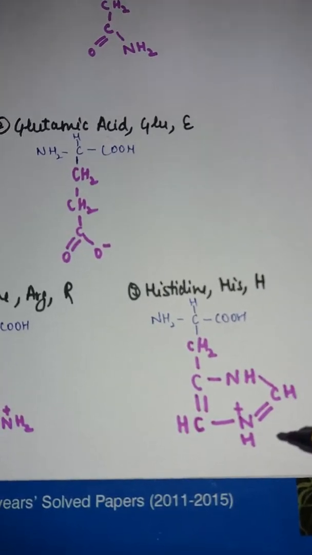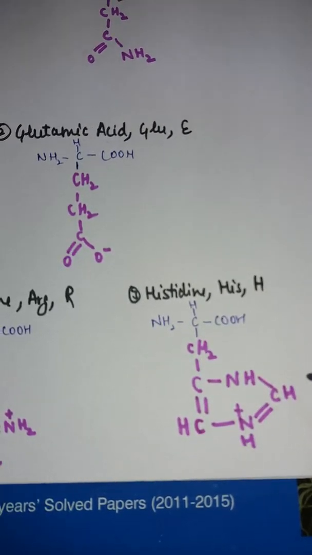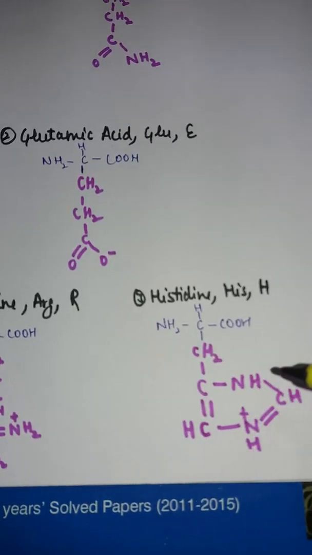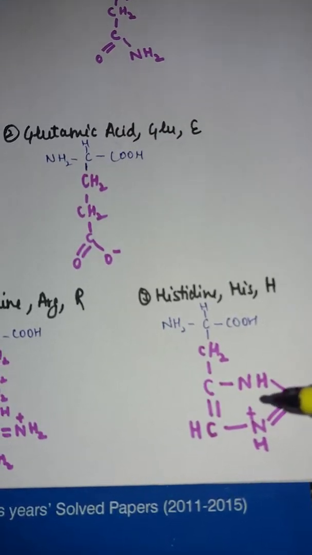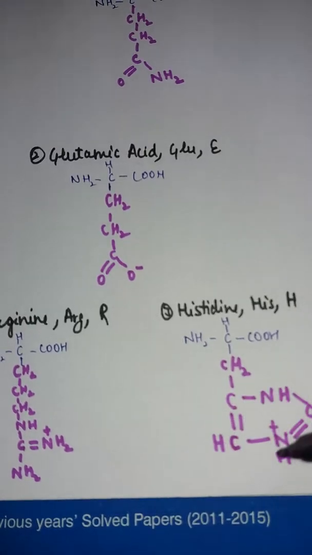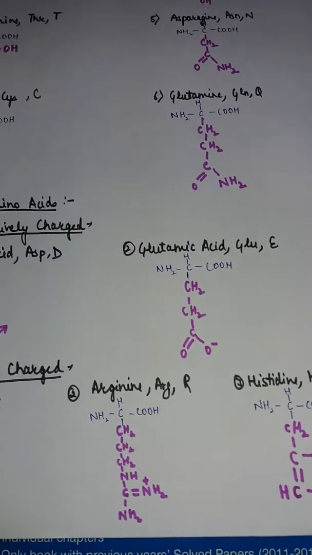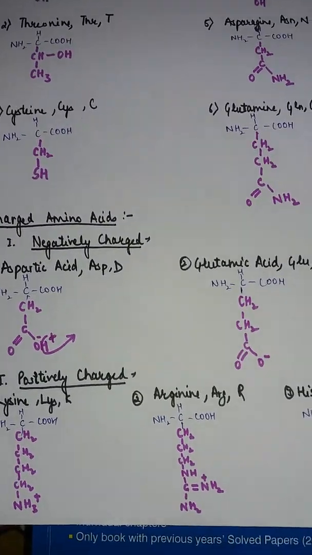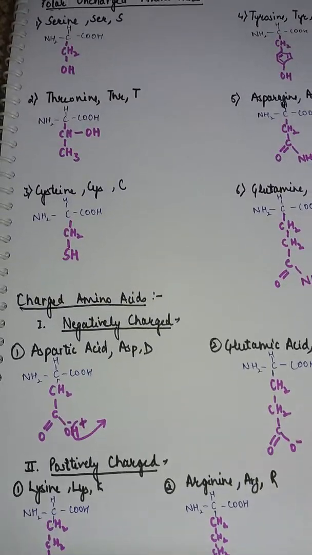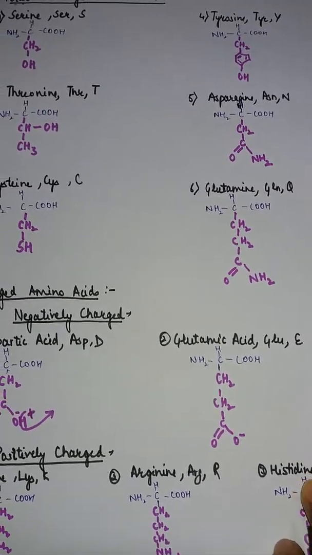So this is the structure of histidine. It forms a ring, but it can't be aromatic because it does not contain the phenyl ring. So this is a ring-like structure, and this is all about these structures.